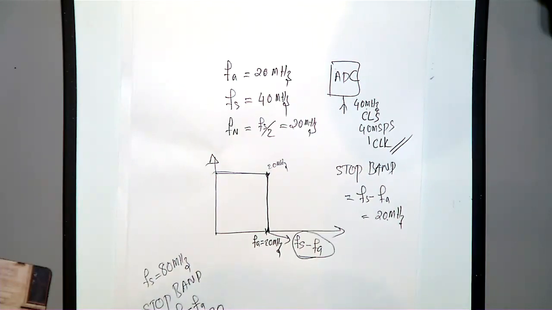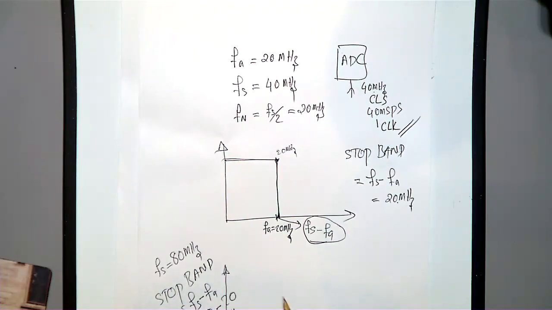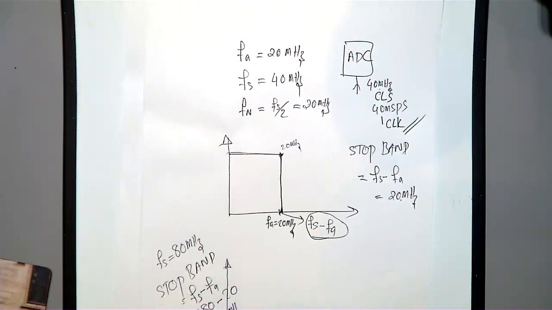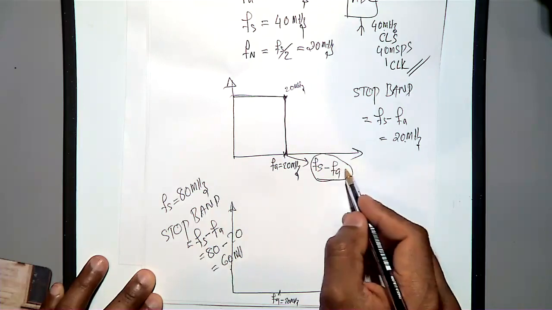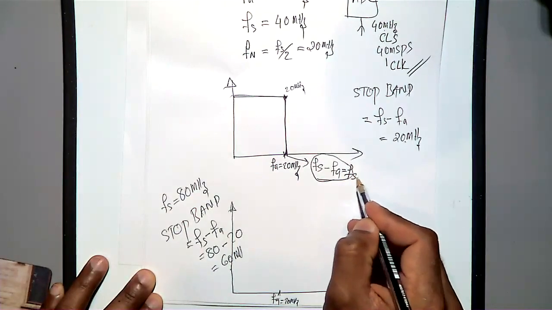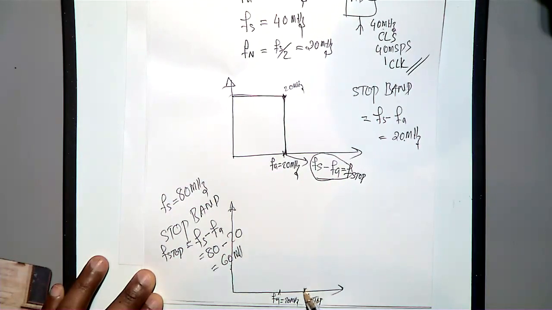So now in my design, here it is fa, that is equal to 20 megahertz, but now my stop band, that is fs minus fa, I may call it f stop. So my f stop is equal to how much? 60 megahertz.